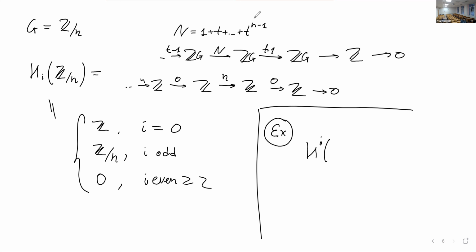Or we could use the resolution directly and take the invariants and see that the answer is okay. H_i is Z/n for even i, H^i is Z/n for even i, and 0 for odd i.